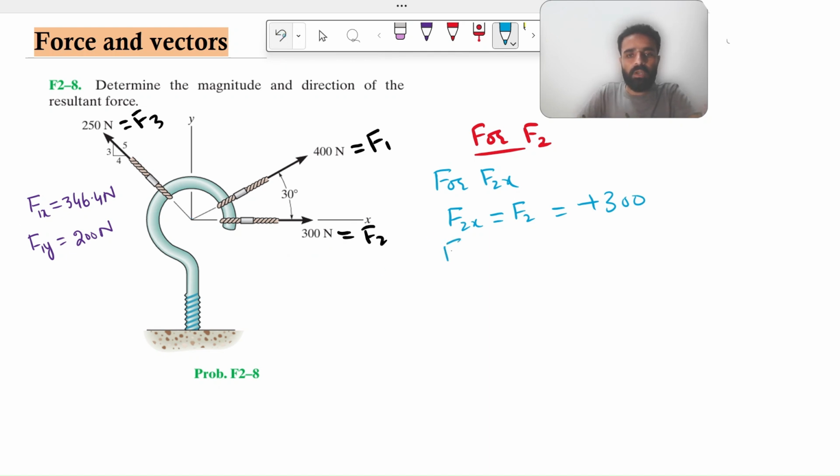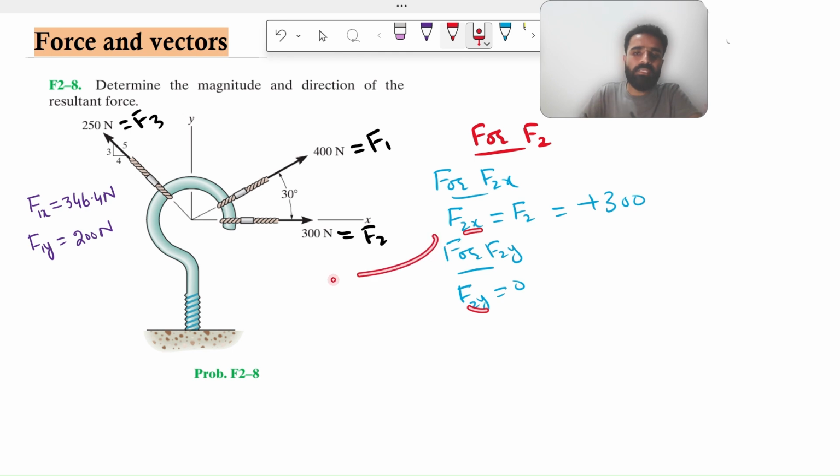For F2y, the value will be equal to 0, because there is no y component for this force. F2 is equal to 300 Newton, and there is no y component, so F2y is directly equal to 0. Here I did the calculation for F2x and F2y.